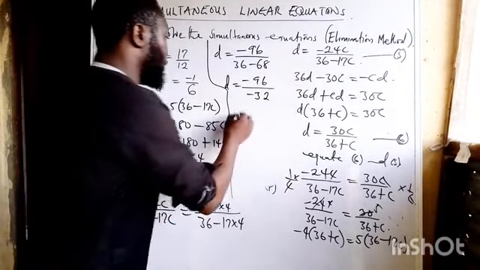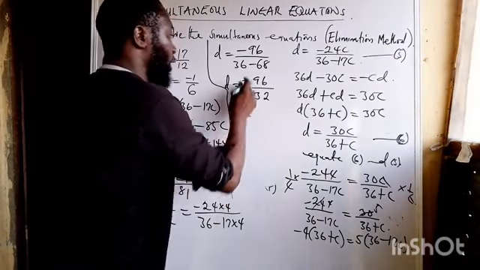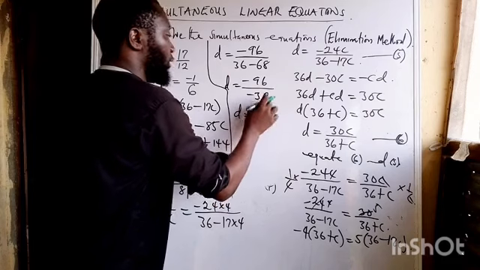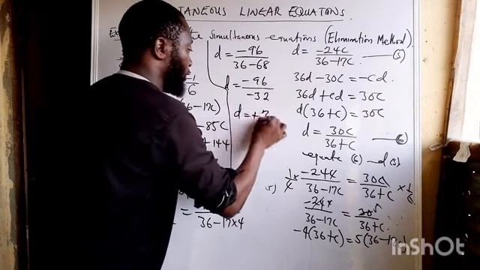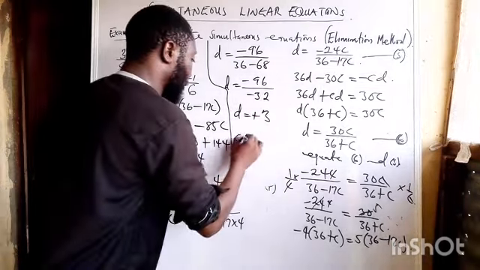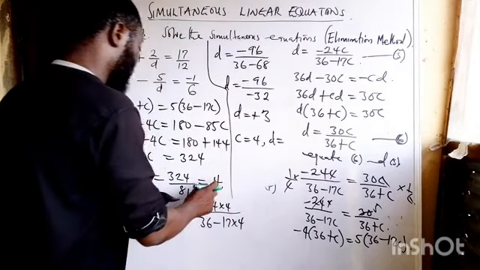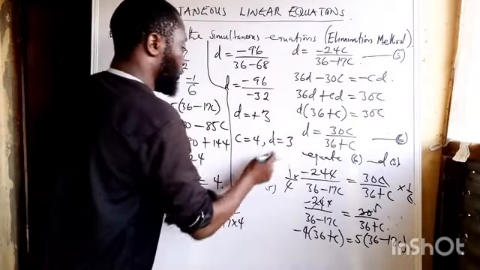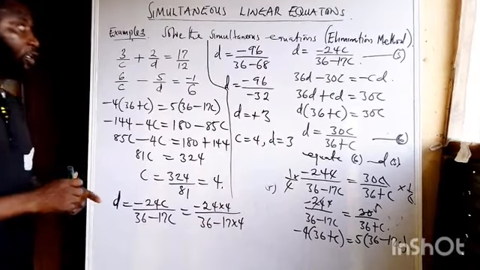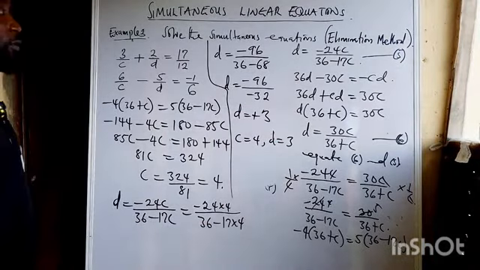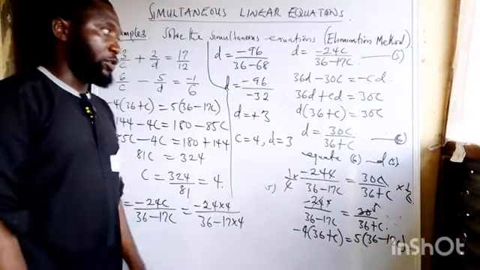Divide 96 by 32. Negative divided by negative, that is positive. 32 in this, that is just 3. Meaning our letter C equals 4, and our D equals 3. So these are the two solutions of this equation.